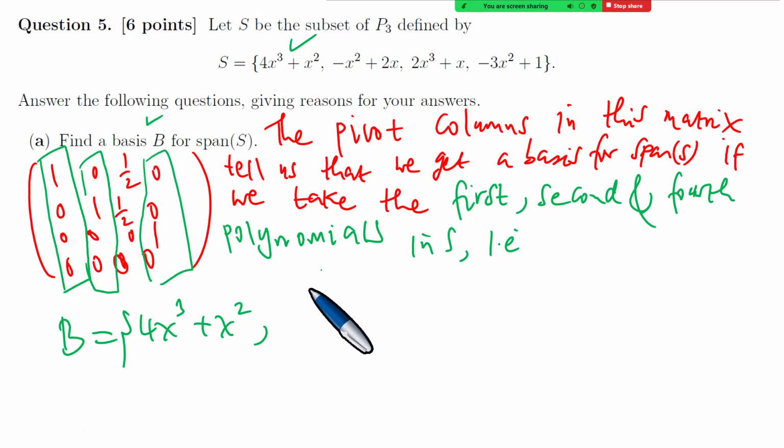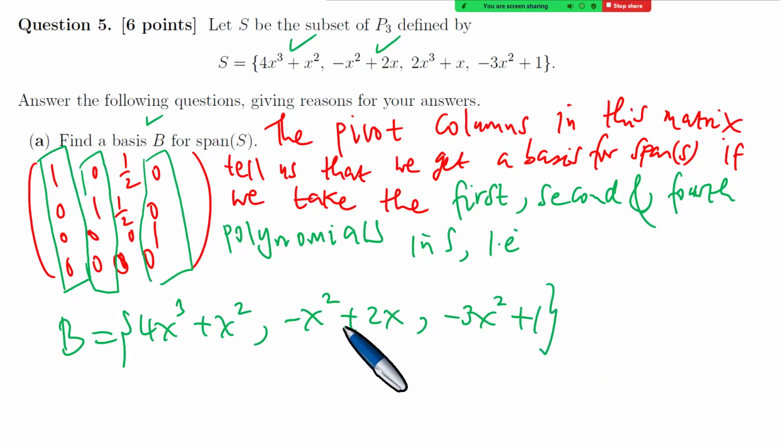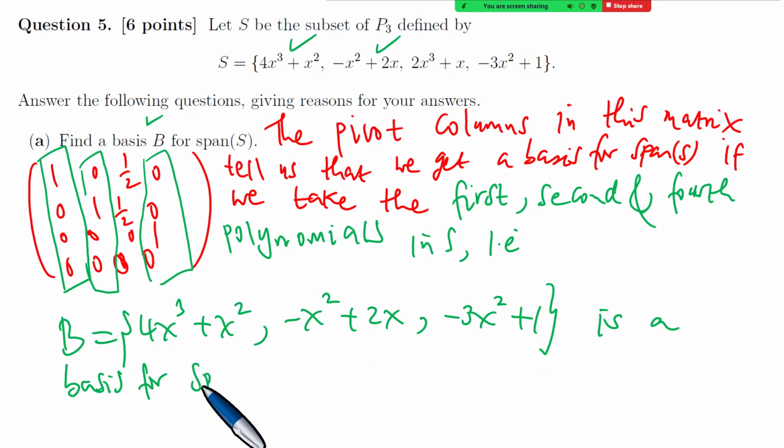Then we take also the second one, which is exactly minus x squared plus double x. And then we take the fourth one, minus 3x squared plus 1. So this one is a basis for the span of S.